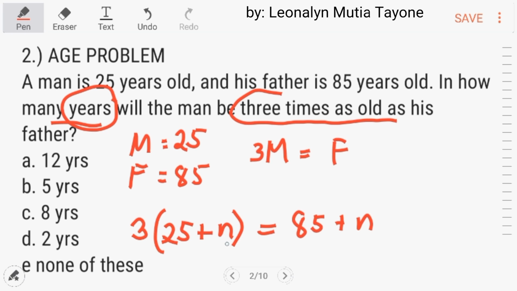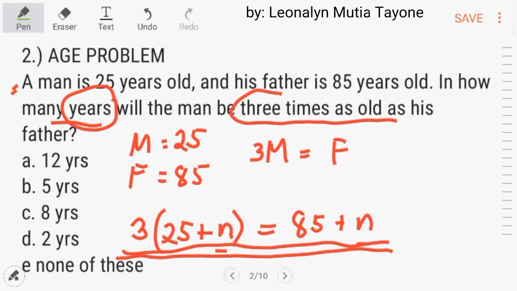So, pareho na silang may N. Let N be that years na maging 3 times as old as his father na si man. Ito na yung nabuo nating equation. Galing sa word problem na ito or age problem, ito na yung equation natin na i-solve.